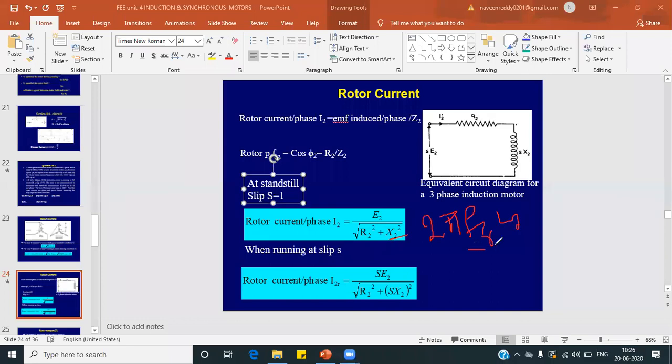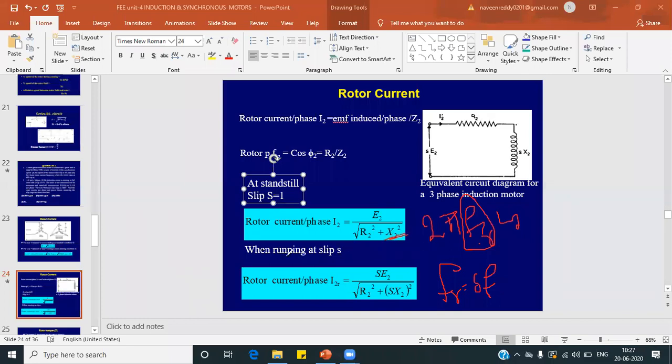I said the rotor reactance is dependent on frequency. So what is this frequency? Rotor frequency f_r is equal to what's the value? S into f. But we are discussing at standstill, so S is equal to 1. So that's why there is no problem, X2 only.